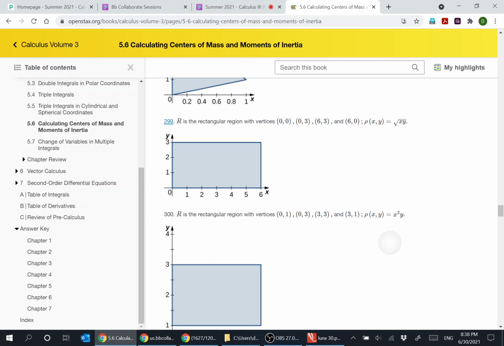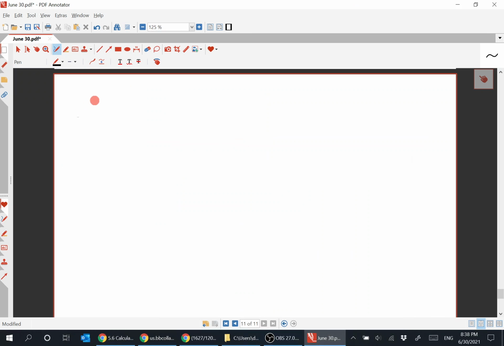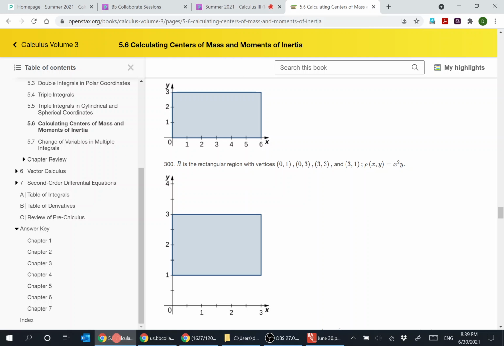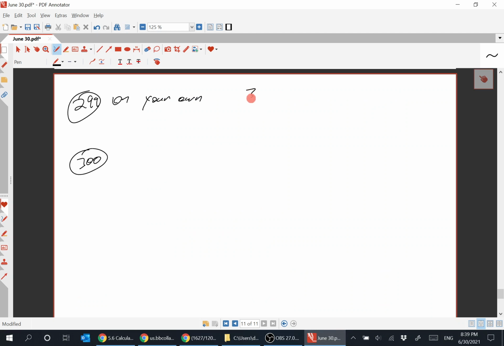If you could do 299, do 299 on your own, and the answer's in the back of the book. 300, we'll do it here. And then we're going to omit the rest, 322 to 348.